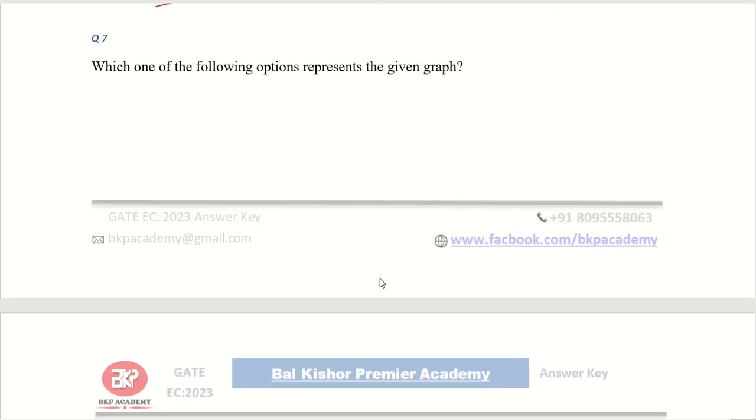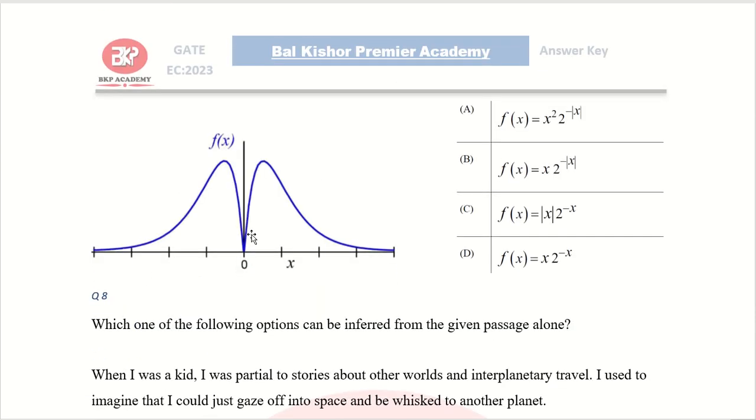So question number 7, which of the following options represents the graph? The graph is given like this. As you can see, the graph is an even function, okay? So if you go by option D, it is x times 2 to the power minus x. This is wrong because it is an odd function. This is also decreasing only on one side.